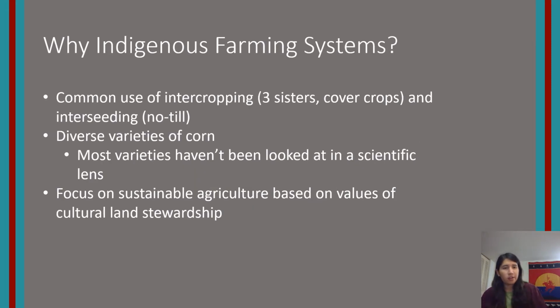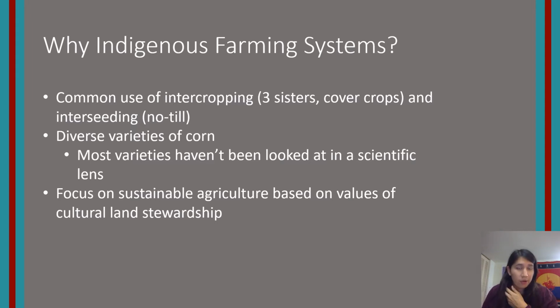And for this project, I'm aiming it more towards indigenous farming systems with native growers here in Wisconsin, because we know that native people have highly diverse cropping systems. If we look at polycultures, like Three Sisters, or use of cover crops, or even crop rotation, we know that's increasing diversity of what you're planting.